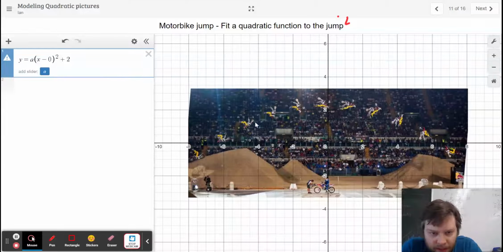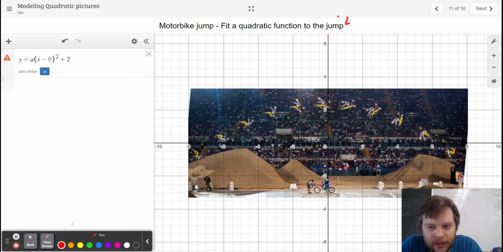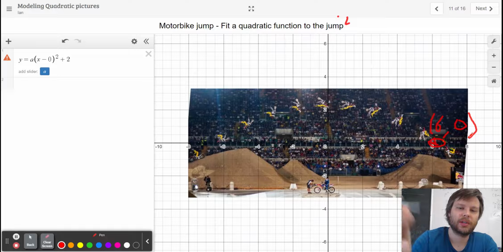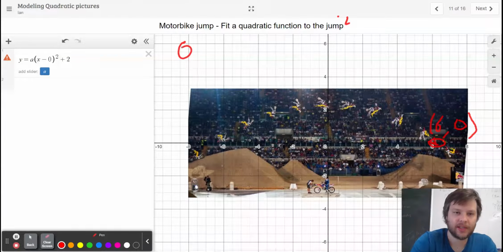And then I want to find another point on the curve. And so it looks to me like I could use this point right here, we'll call this like (6, 0). And we'll adjust it if it's not perfect, but we'll try (6, 0). And so when I try substituting that in, I'd say 0, because that's the y value, equals a times (6 minus 0) squared plus 2.